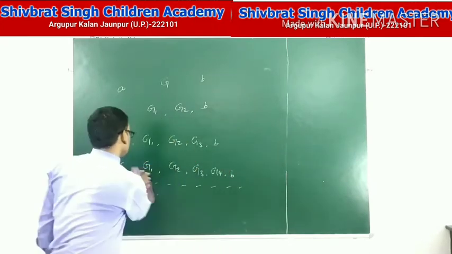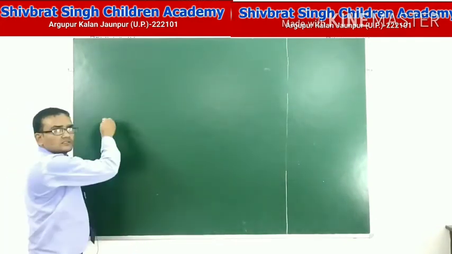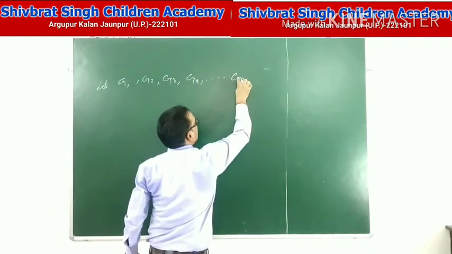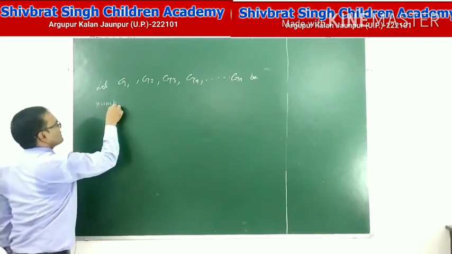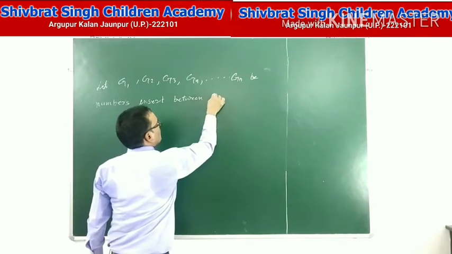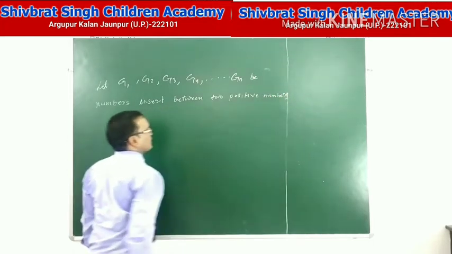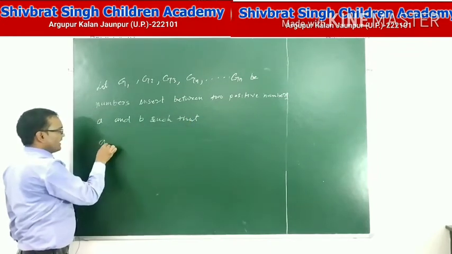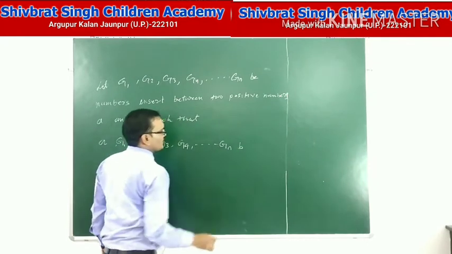Now let G1, G2, G3, G4, and so on up to Gn be n numbers inserted between two positive numbers a and b such that a, G1, G2, G3, G4, and so on, Gn, b is a GP.